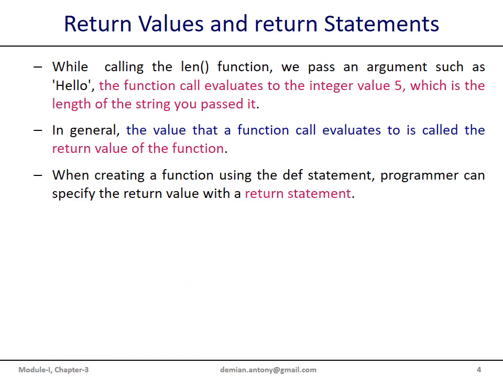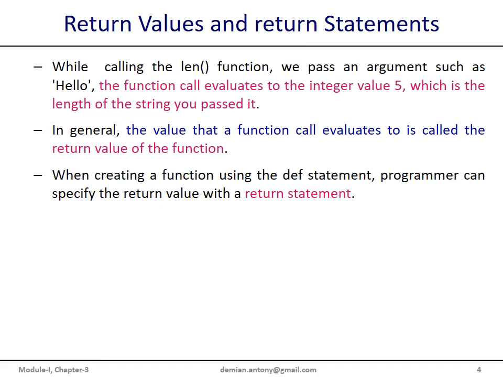When we define a function, the function call evaluates to a value. For example, the function len evaluates to an integer value, which is the length of a string, that is the number of characters present in a given string.